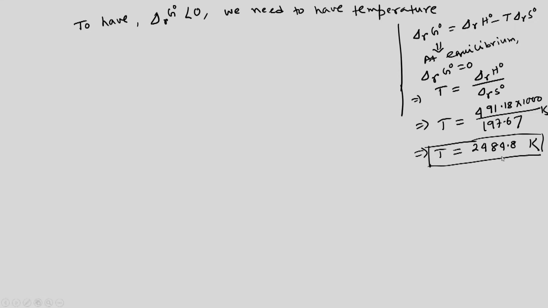So above this temperature the reaction will be feasible. To have delta G naught less than or equal to 0, we need to have temperature greater than this.